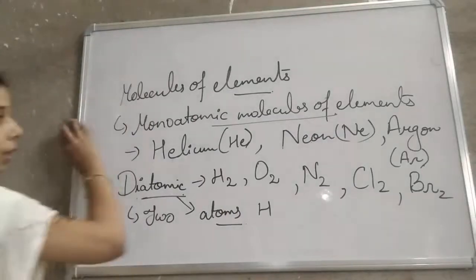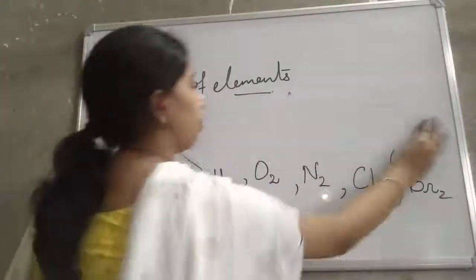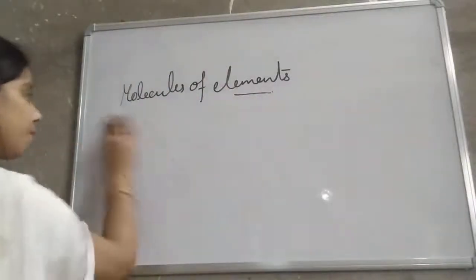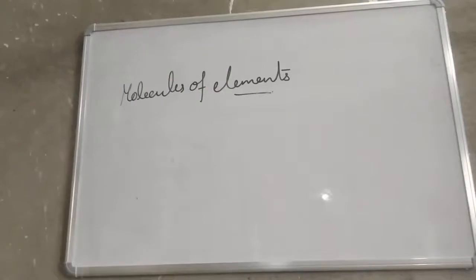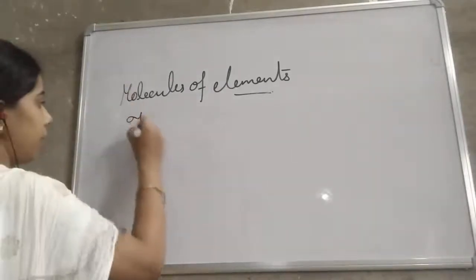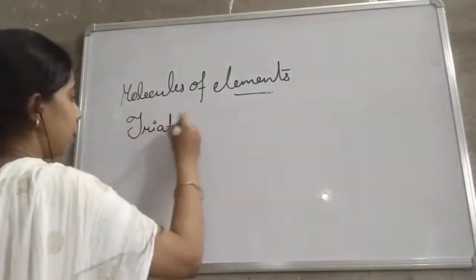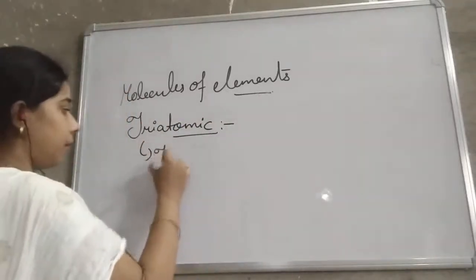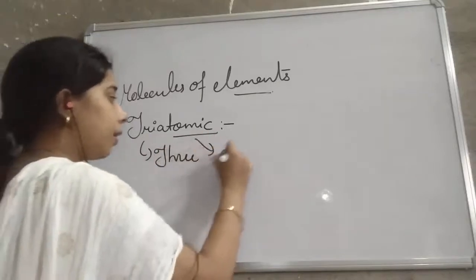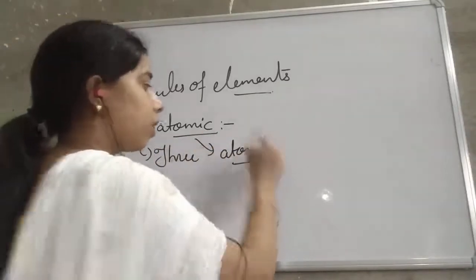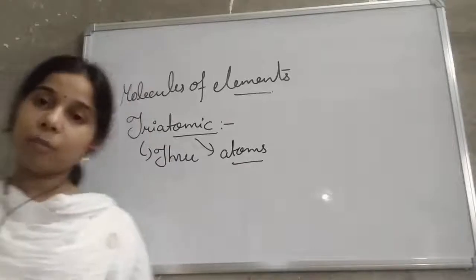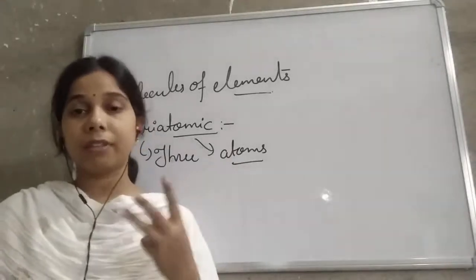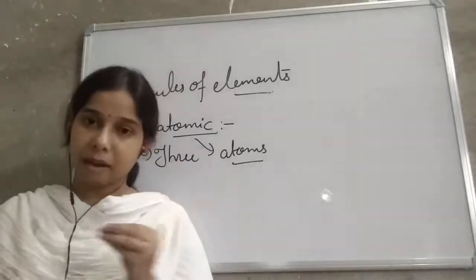Now we will see another one, and that is the triatomic. Tri means three. Atomic means atoms. So such a molecule which exists in nature as a combination of three atoms.